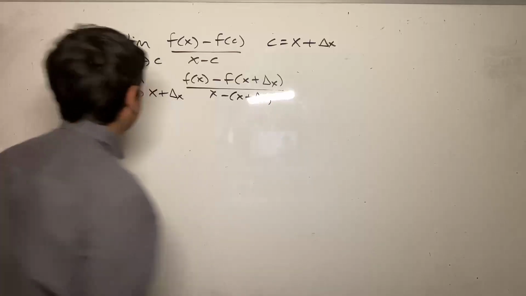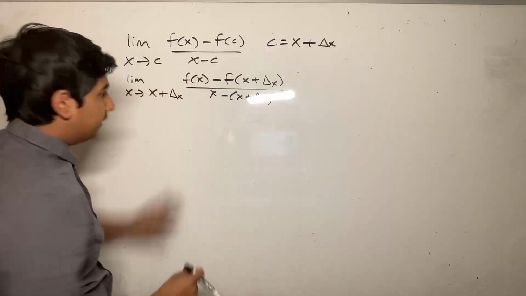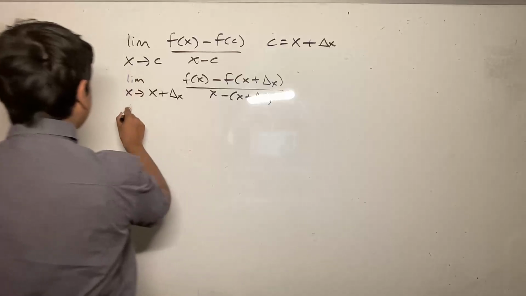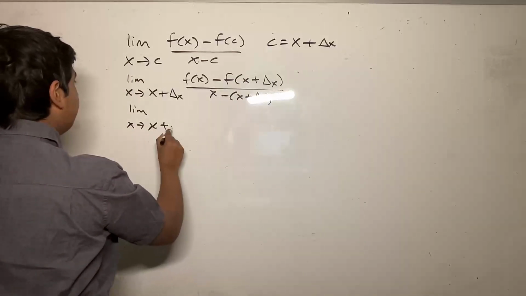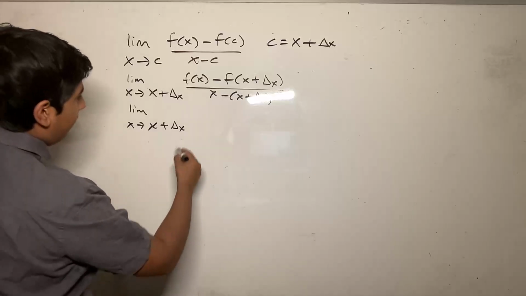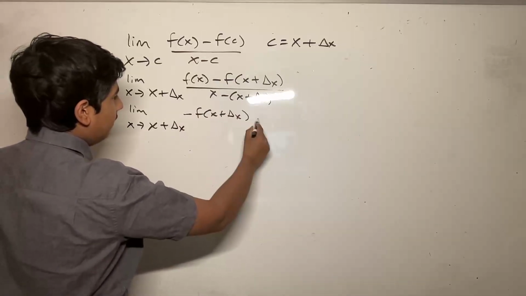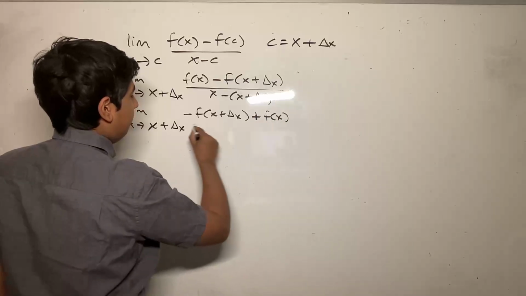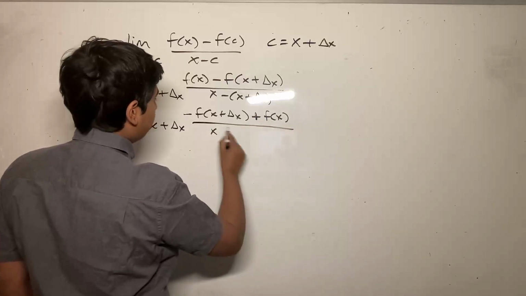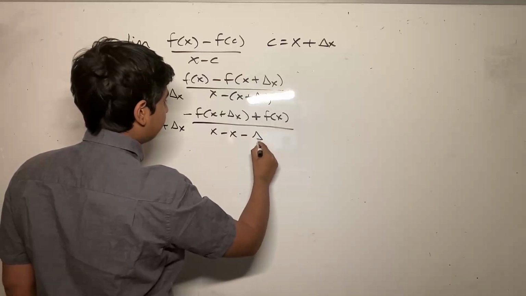And then if we do a little bit of simplification and rearrangement, and I can write down all the steps if we really need to see them, we'll get negative f of x plus delta x plus f of x, and then that all over x minus x plus delta x.